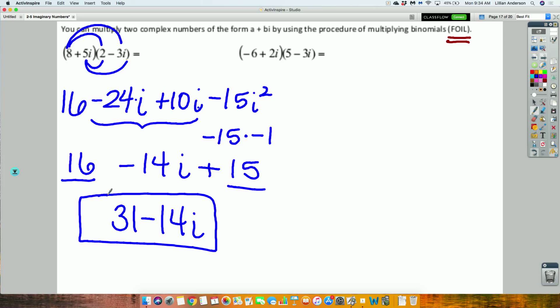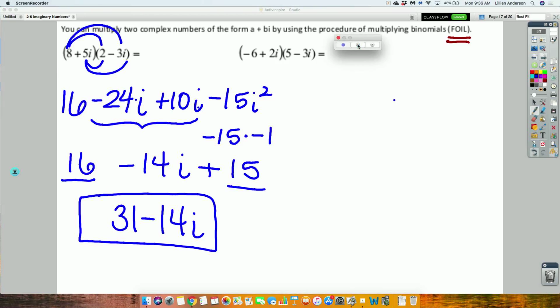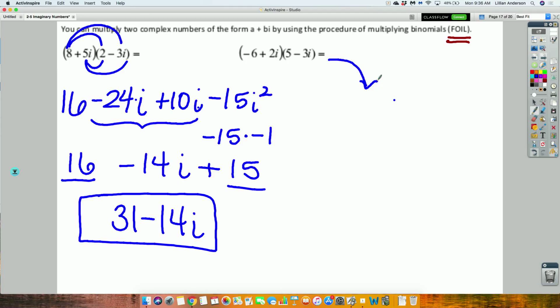I want you guys to try the second one. Let's see. First: negative 30. Outer: positive 18i. Inner: plus 10i.